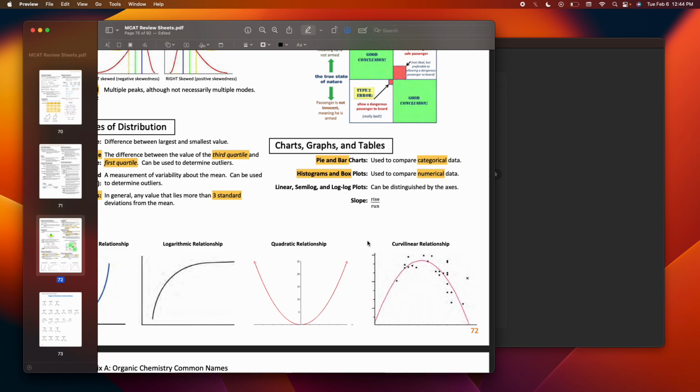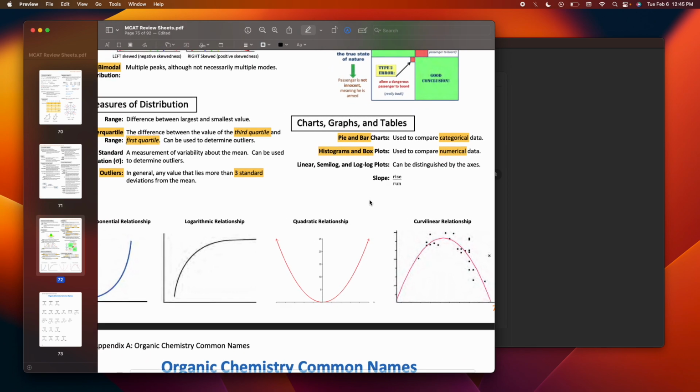And the slope is the rise over the run. So if you're rising faster, it means that your slope is greater, can be a representation of acceleration. And when you are in the run is when you're moving forward.